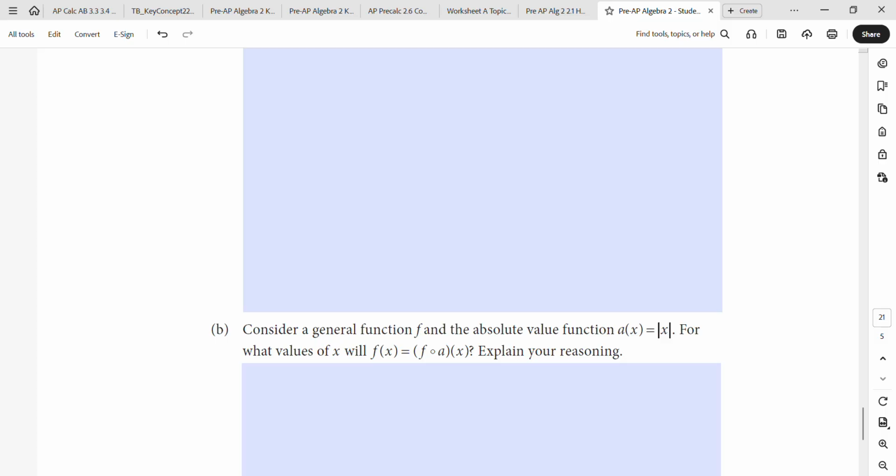So, here's another example. I changed this to, I don't want them to be the same color.